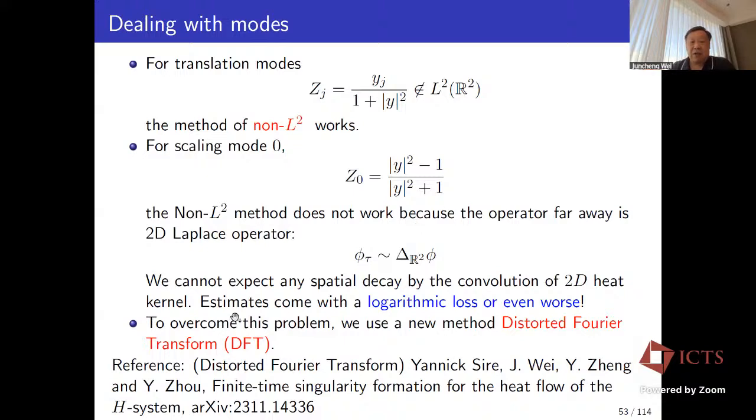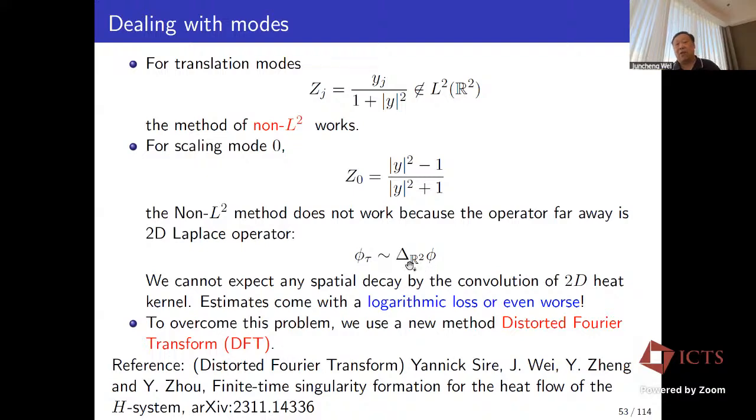Okay. To overcome this problem, for the mode 0 case, we use a new method called the distorted Fourier transform, DFT. I don't have time to discuss this here because it would need a lot of time. This is the reference for the distorted Fourier transform: Yannick, myself, Juncheng and Yifu Zhou for the H system.